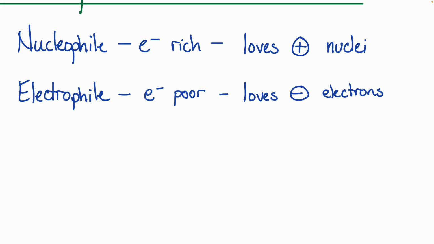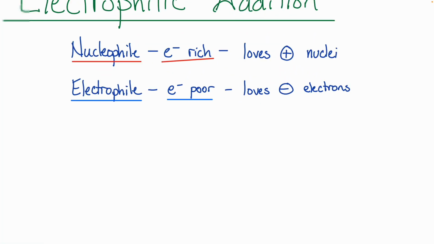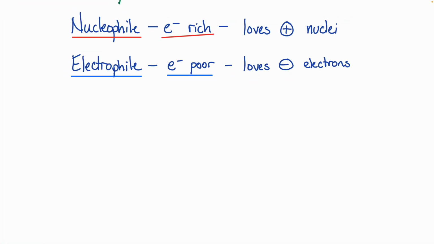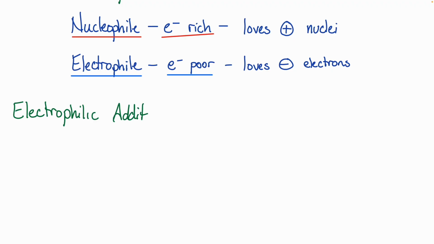The species that is electron rich, so you want to have synonymous in your mind, nucleophile and electron rich, will attack the species, the electrophile, which is electron poor. So let's look at these electrophilic addition reactions of just regular old alkenes, and then we'll graduate to our conjugated dienes.